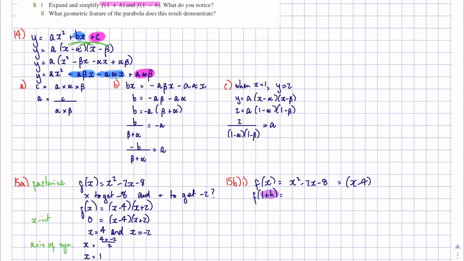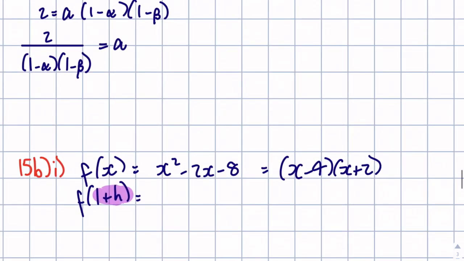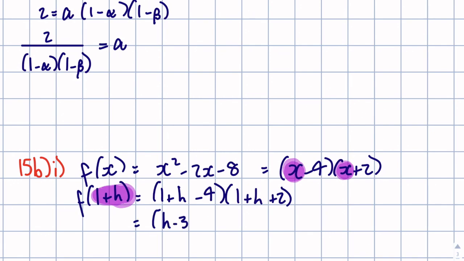X take 4, x plus 2. So instead of x, what I'm going to write for x each time is this 1 plus h thing. So I've got 1 plus h take 4, 1 plus h plus 2, which is going to come out as h take 3, h plus 3.